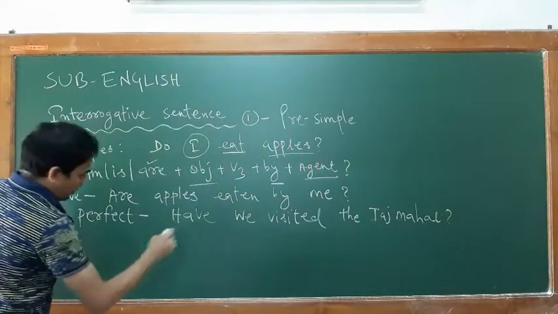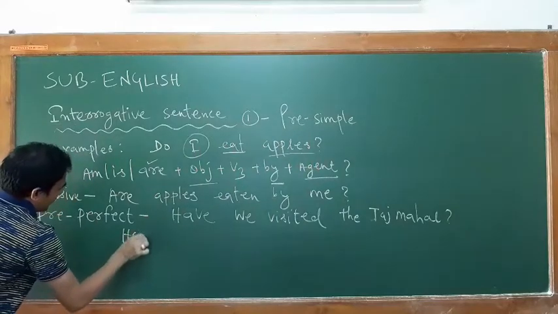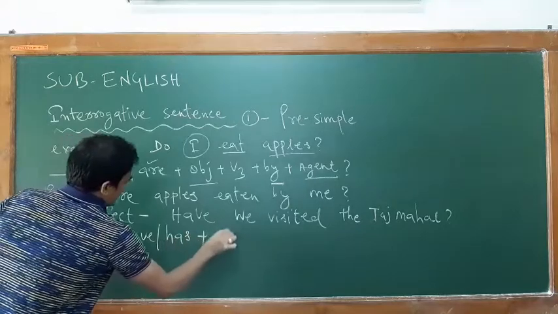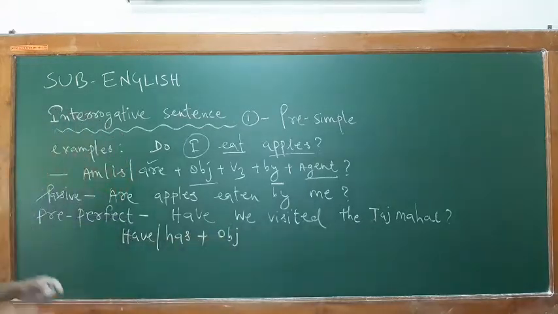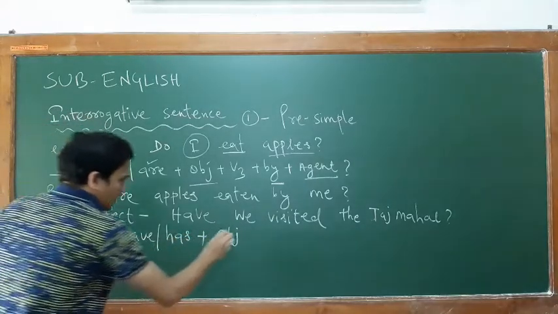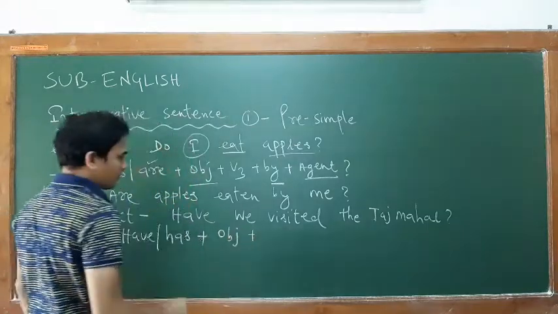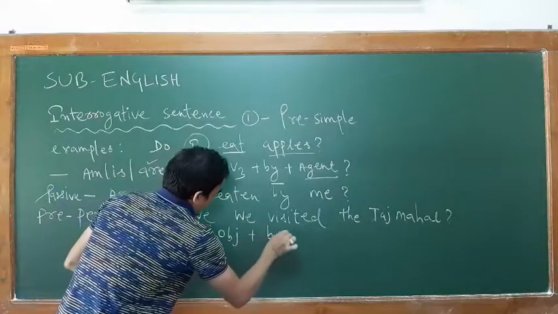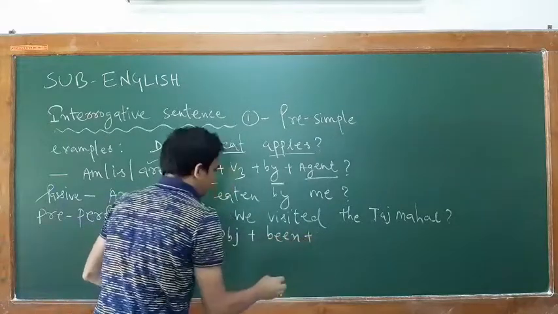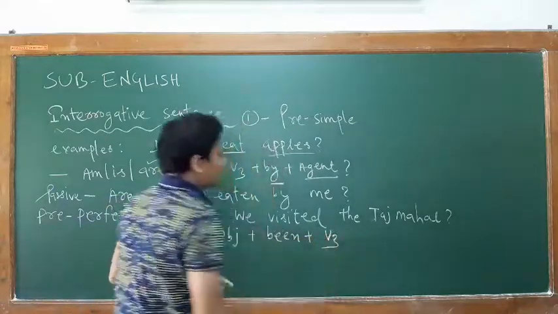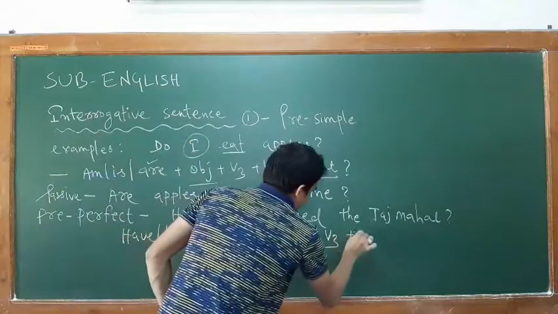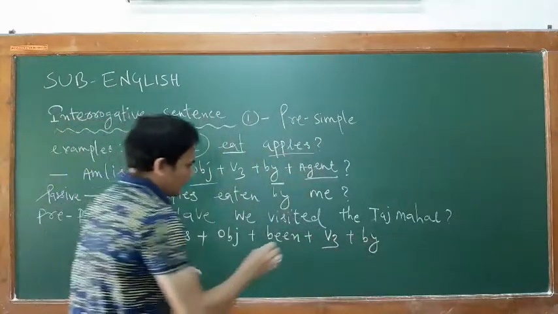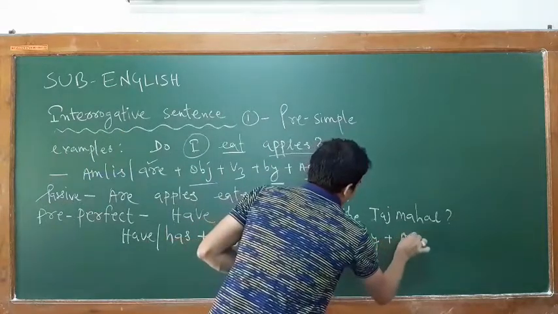Now, as for the object, we have to select either have or has, plus write down the object, plus extra being verb, plus main verb V3, plus your preposition by, then your agent.